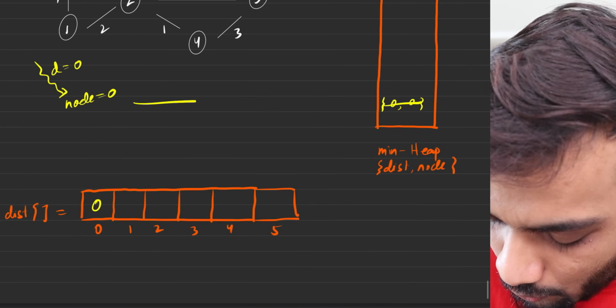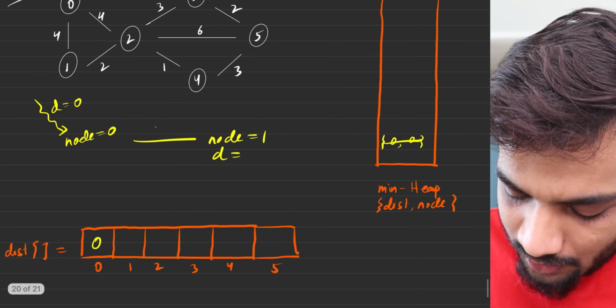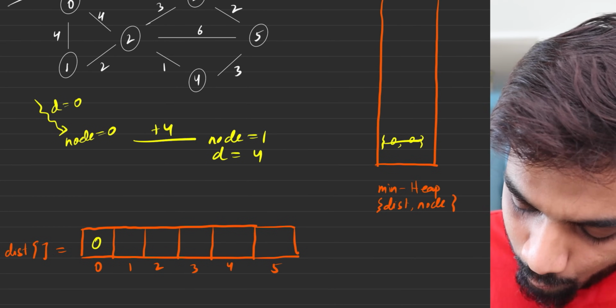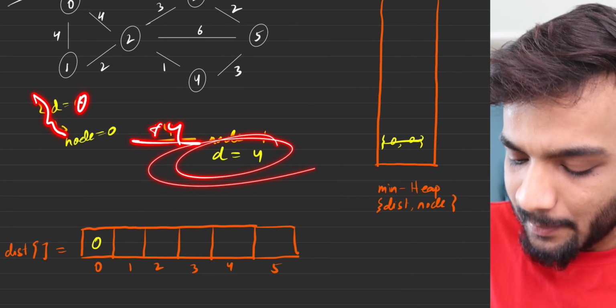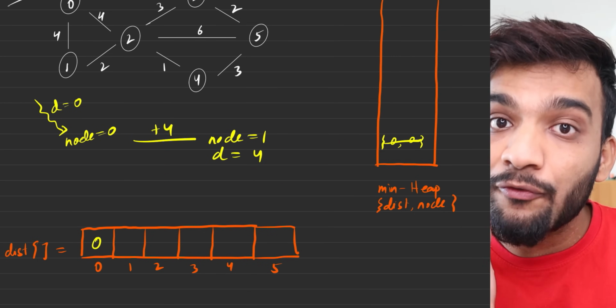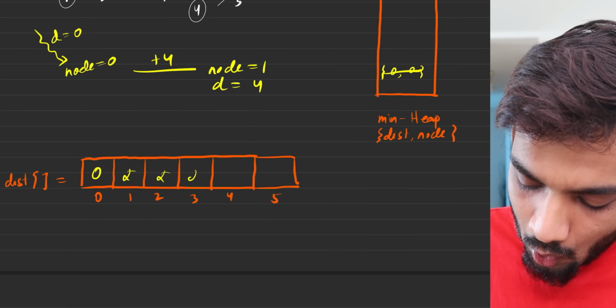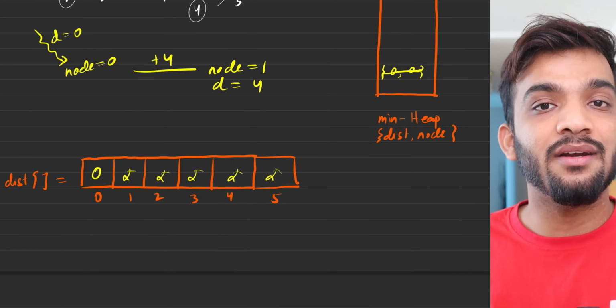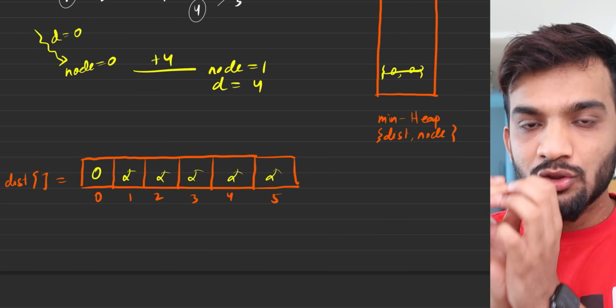So I can move to node 1. And how much distance will I take? This edge is taking plus 4. Why? Because previously I took 0, and I'll take another 4, which will make a distance of 4. Remember, previously you will have marked all these distances as infinite, a very big integer, which means you never reached those nodes.